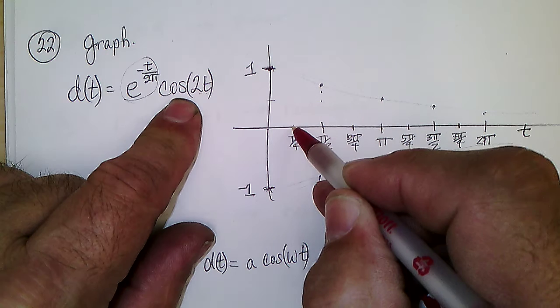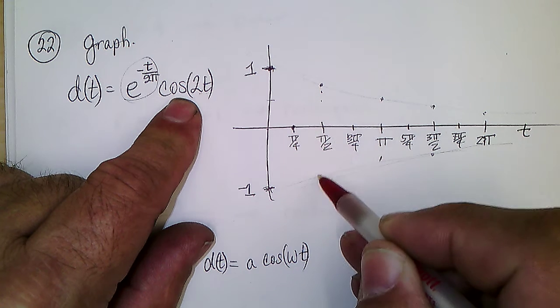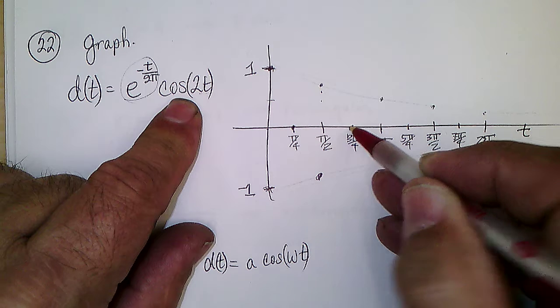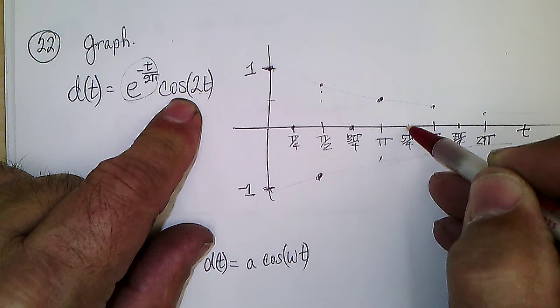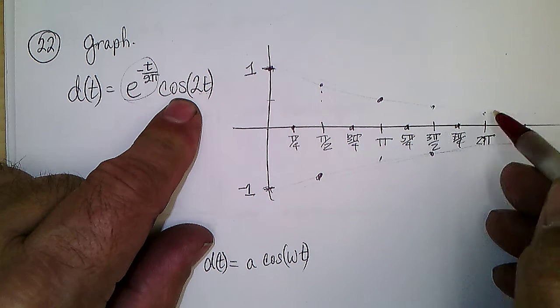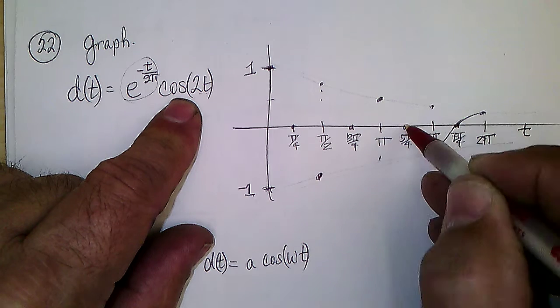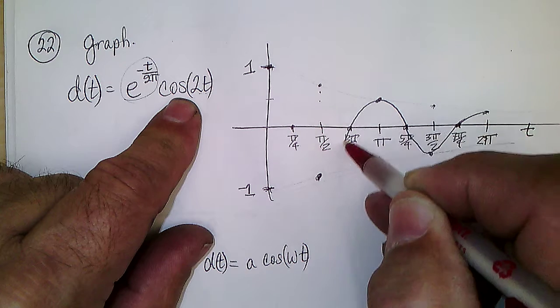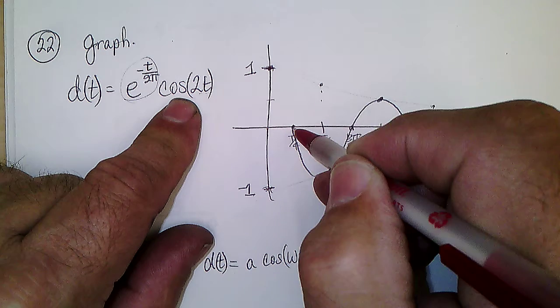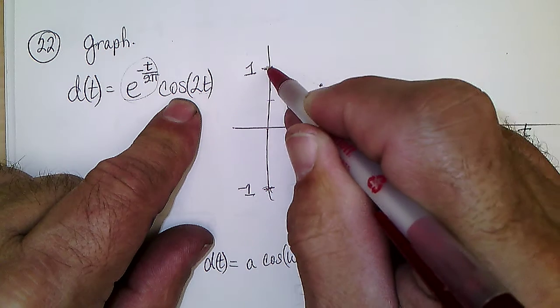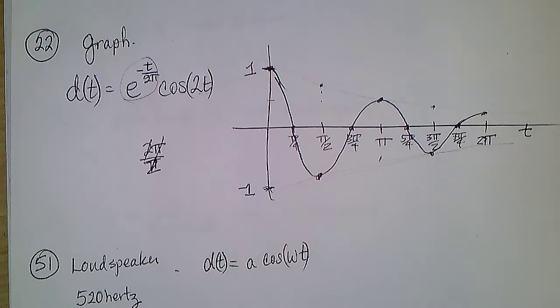After a quarter of the period, it's down on 0, then it's at minus, and then it's at 0, then at the top, and at 0, at the bottom, at 0, and back at the top. Okay? And so on.